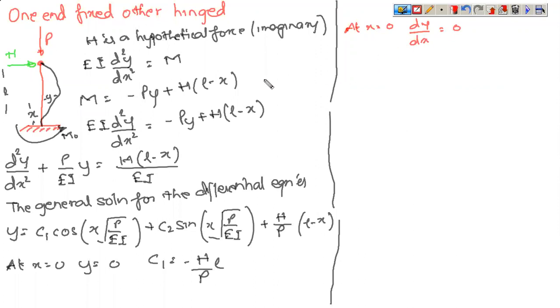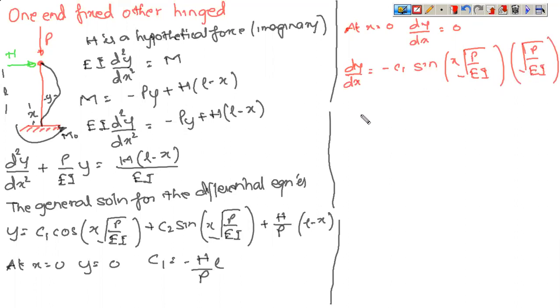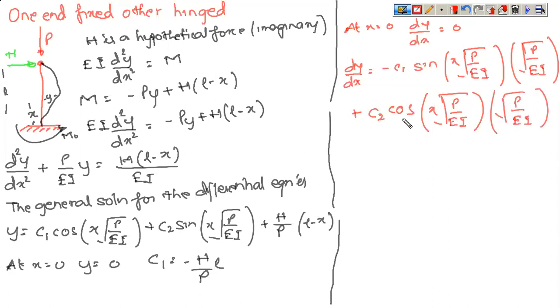So let us find dy by dx. dy by dx is equal to minus c1 sin x under root P by EI into under root P by EI, plus c2 cos x under root P by EI into under root P by EI, minus H by P. So the differentiation of this is minus H by P.